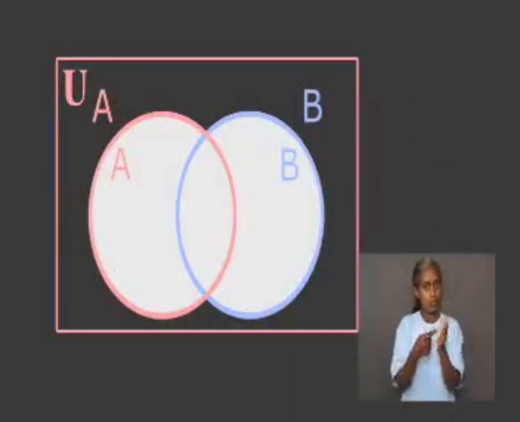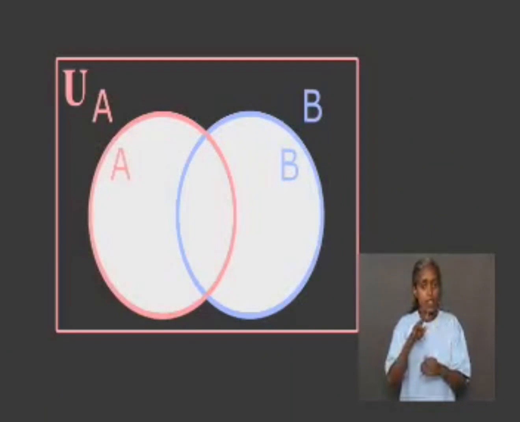When we draw two overlapping circles within a universal set, four regions are formed. Every element of the universal set U is in exactly one of the following regions.